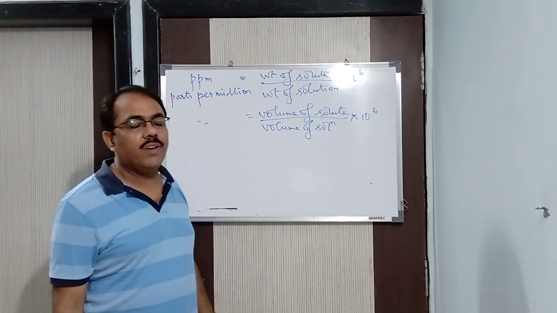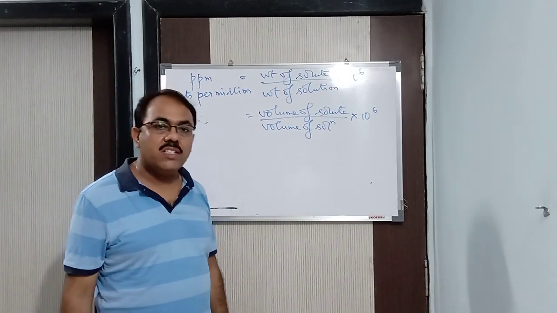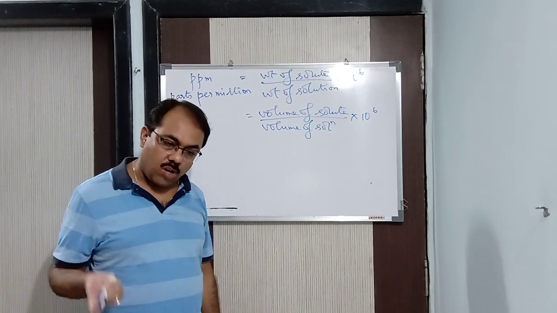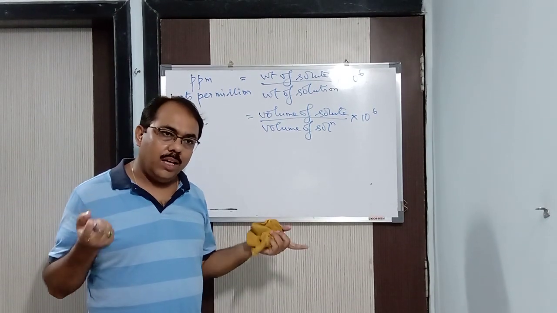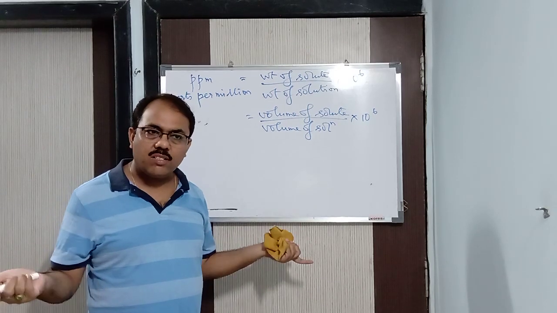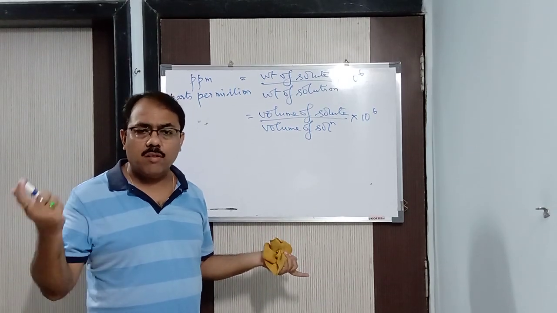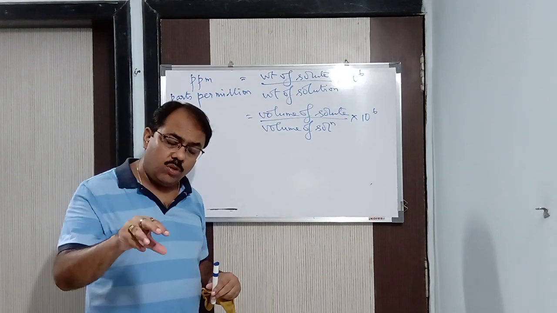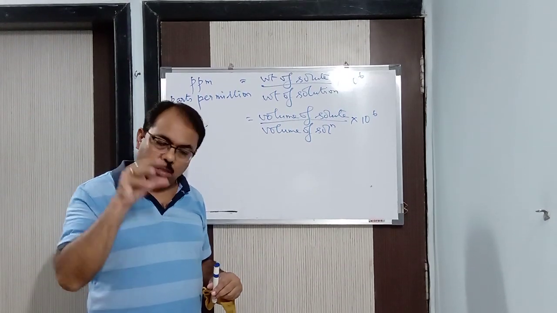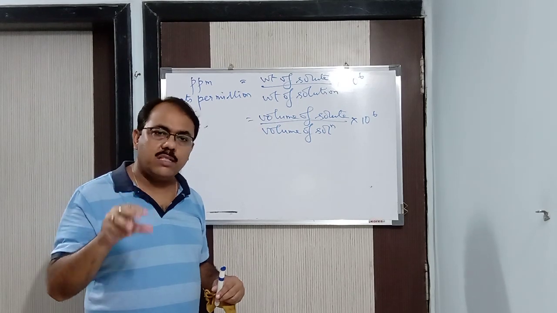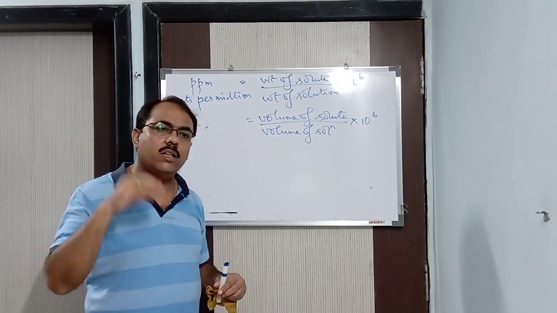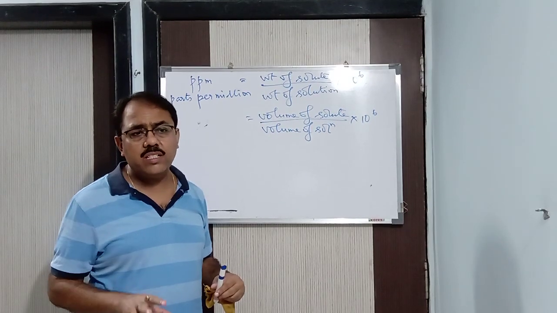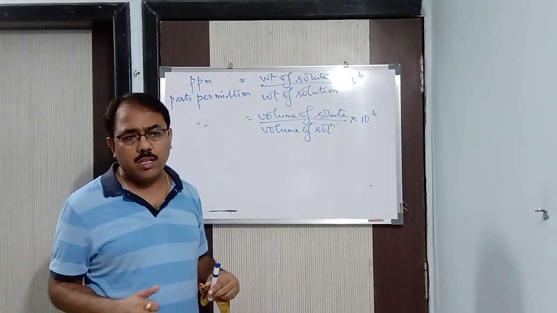So in this way, for that particular purpose, to measure the pollutant level in air, to measure the pollutant level in water, got it? Because in a river, water is not some liters, it is some millions or billions or trillions of liters. How much pollutant is present in the river water or lake water or sea water?